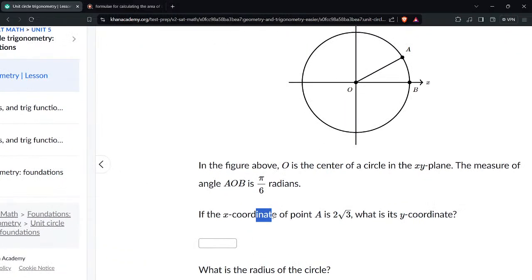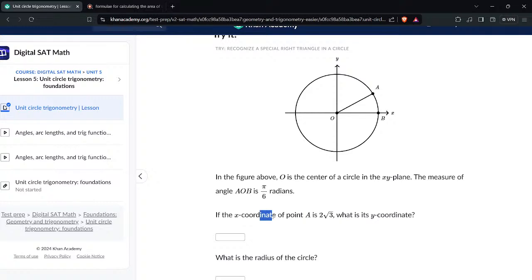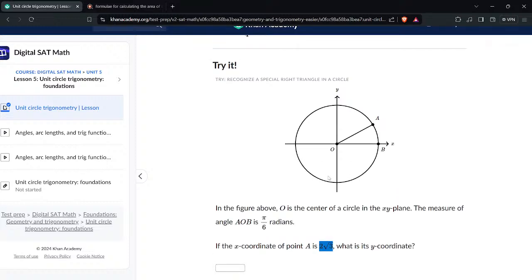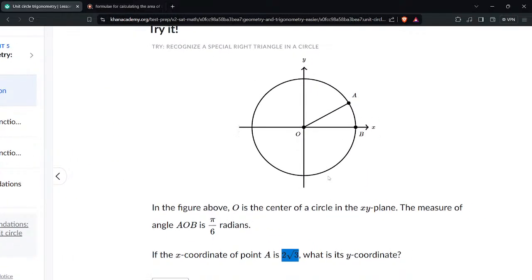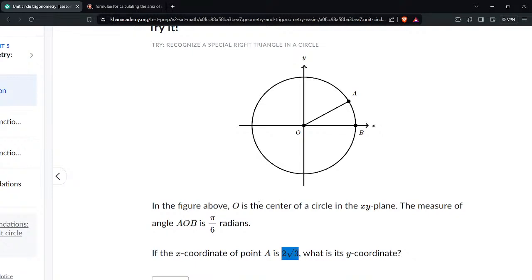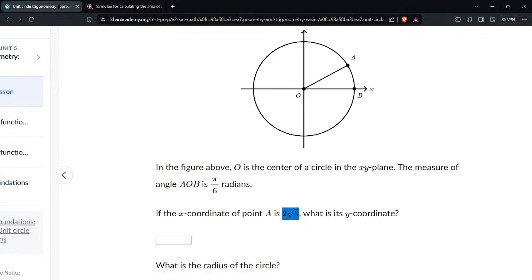You know what? How am I supposed to do this? I don't know how to solve this question at all.